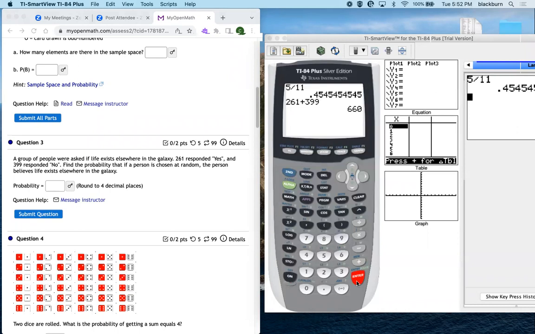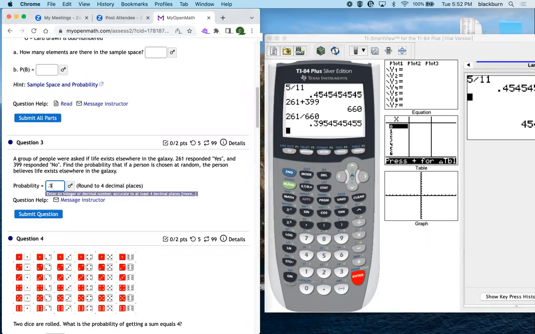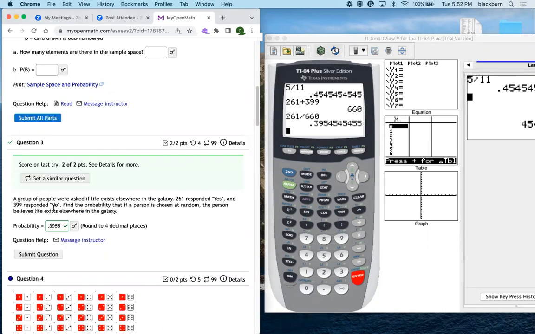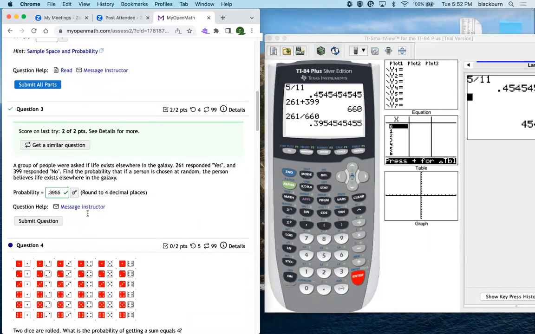The probability that you pick a person who says yes is the number who said yes, 261, over the total surveyed, 660, and we get 0.3955 to the nearest 4 decimals. That one's not too bad, I hope.